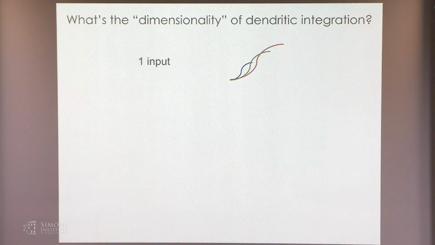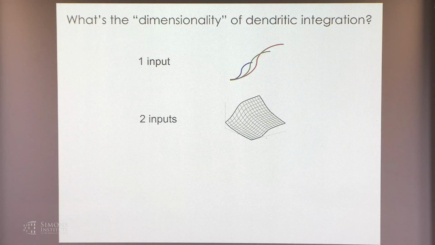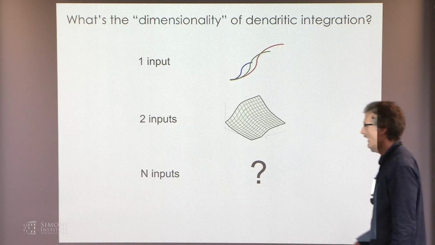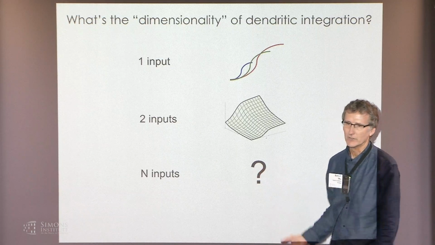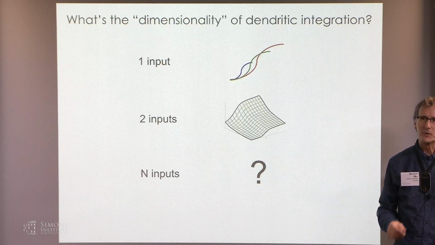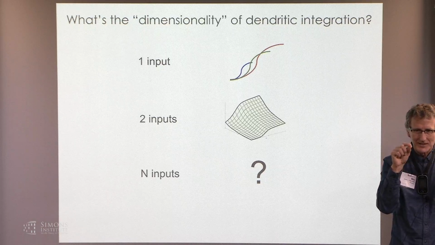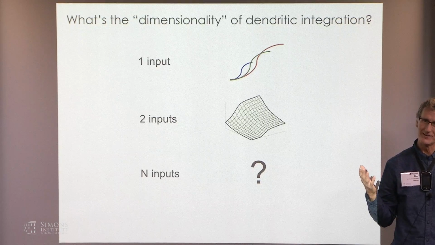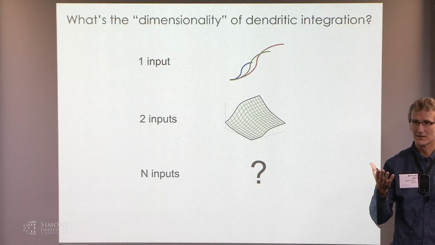If you had two inputs, you could get a 2D sigmoid. What's the limit of n? Good, that was a perfect time for that question. If we have 1,000 inputs, do you have a 1,000-dimensional sigmoid? Are you saying yes? Yes.